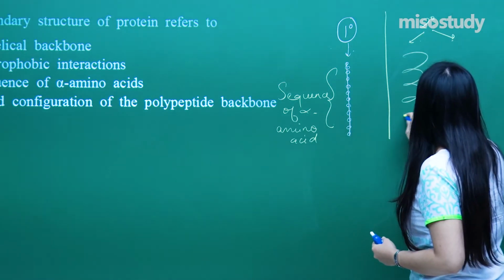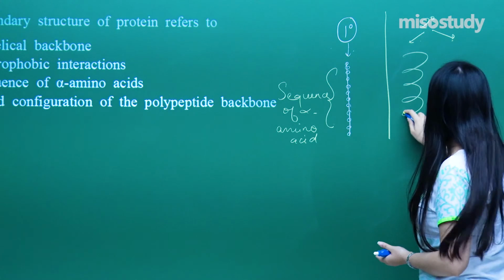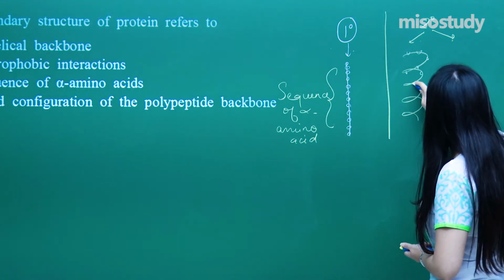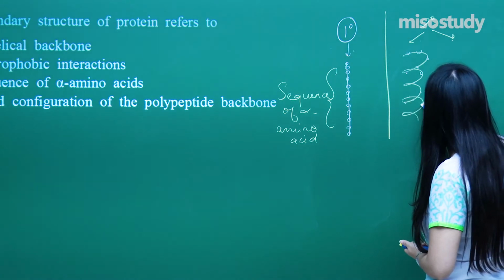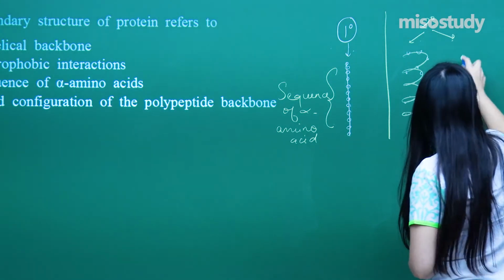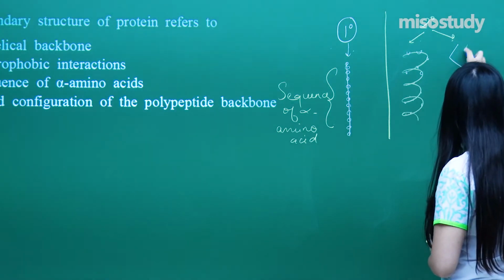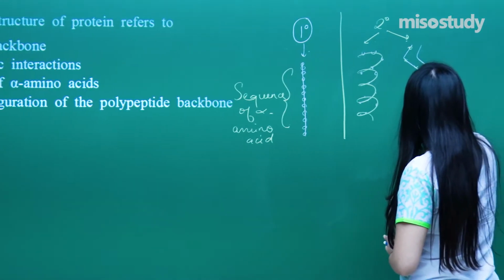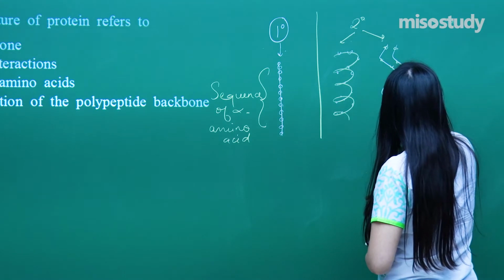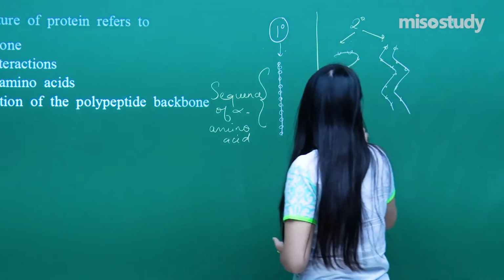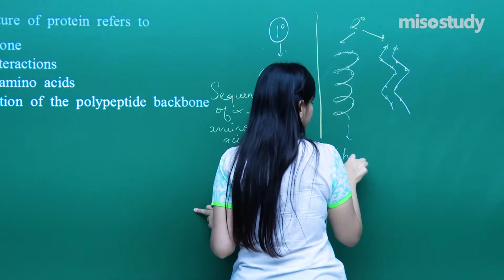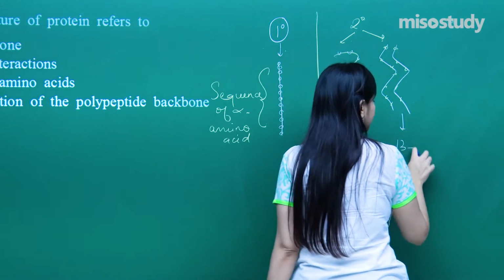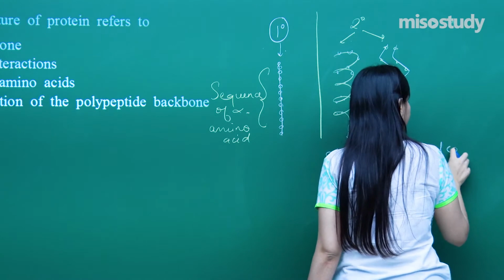That means we have got first is helical structure. So we have got a helix, and these are the different amino acids, and also we have got the beta pleated structure, something like that. That means we have got the answer. In the secondary structure we have got alpha helical structures, alpha helix, and beta pleated structures.